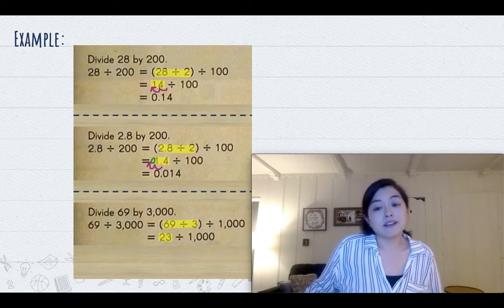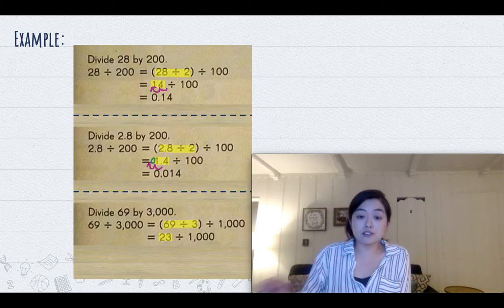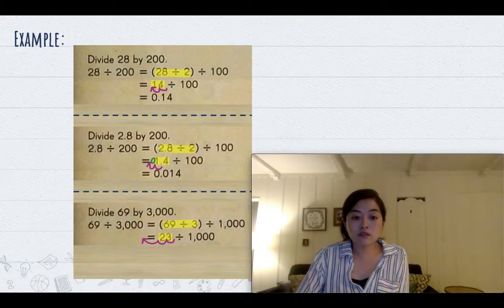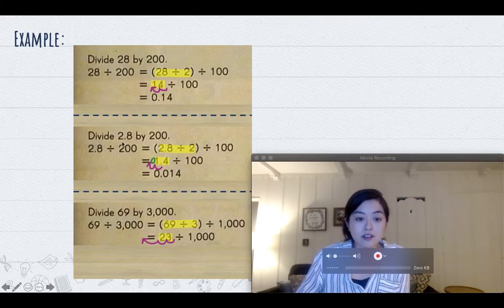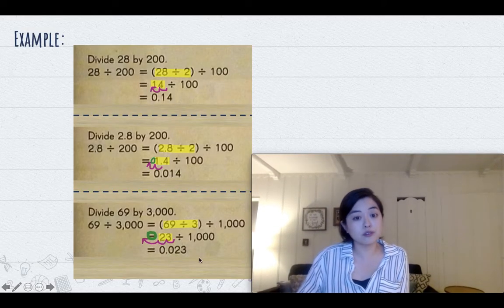So when I divide by 1,000, I have to move my decimal place to the left 3 times because there's 3 zeros in 1,000. Okay, so there I go. So I have an empty pocket right here. Do you see that? So I have to fill my empty pocket with a 0. So I put a green 0 over there. And then my decimal point comes right before that green 0. So the answer is 0.023.